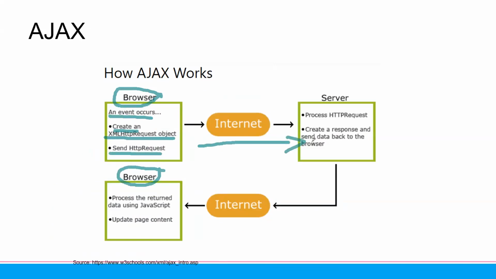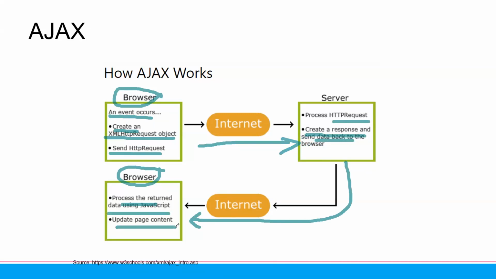The server will check the HTTP request, then create a response and send it back to the browser. After that, it will return something using JavaScript, and it will update the page content.